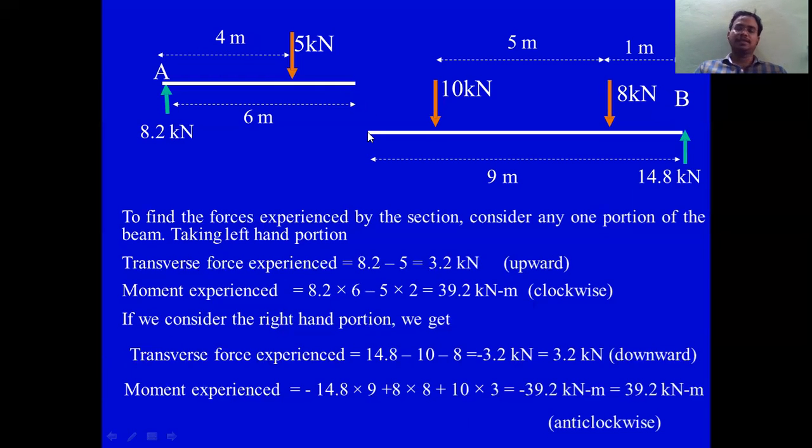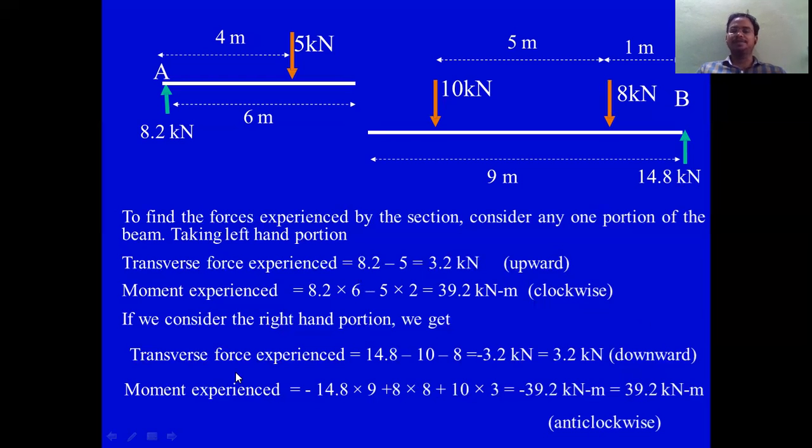Simply, the force is opposite to what we have found here, 3.2 kilonewton upwards. On the right hand side it is downward, and the moment is clockwise here and anti-clockwise there.